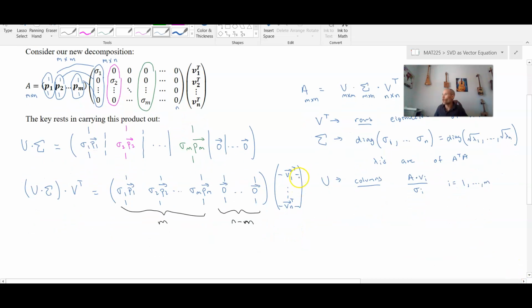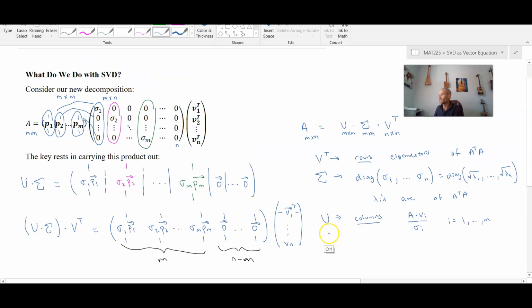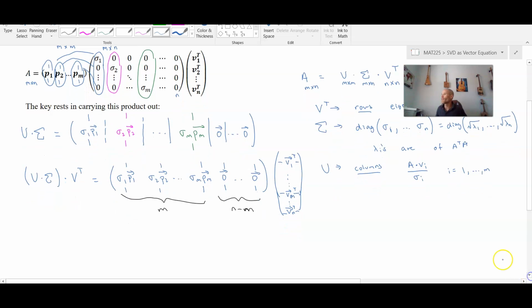So again, I'm going to take this out real quick because we definitely have those m eigenvectors here, but then potentially we're going to have all the way down to Vn transpose. Okay, that's again, I'm assuming in this example that we have fewer rows than we do columns.